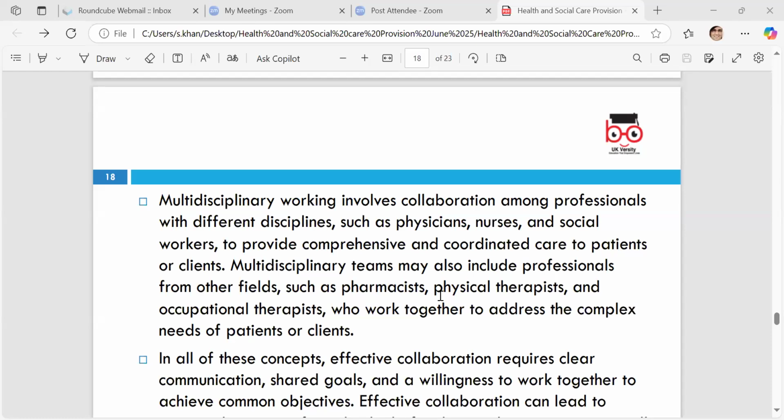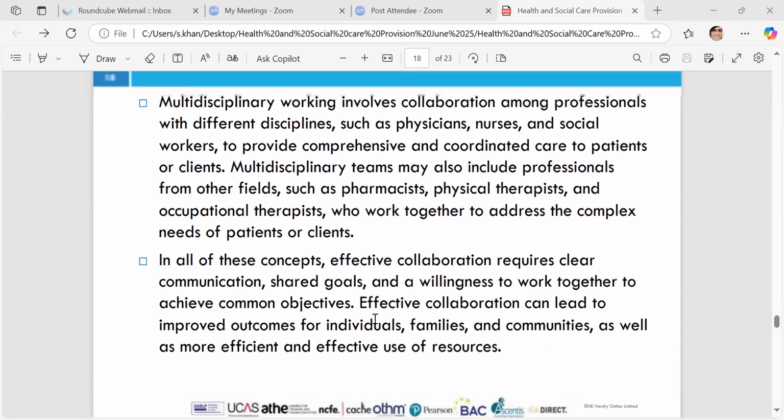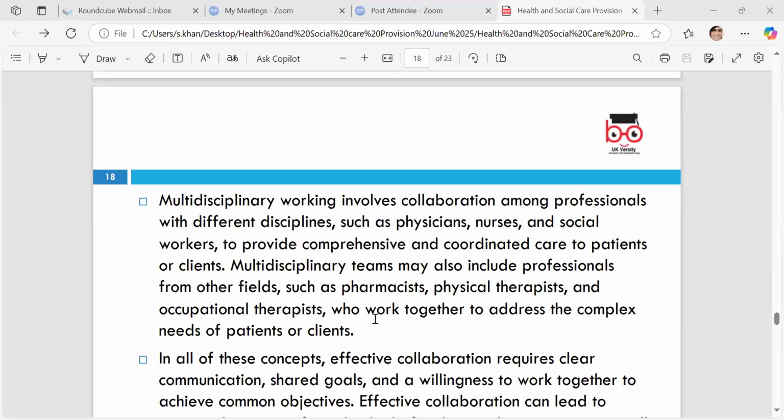They work in various settings, it may be mental health, it may be hospitals, but they work together as a team. They share ideas and have one outcome at the end of it. Collaboration is really, really important when working in multidisciplinary working.